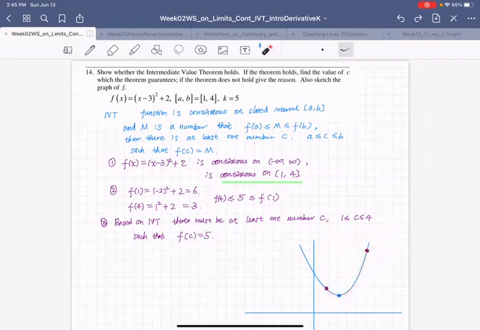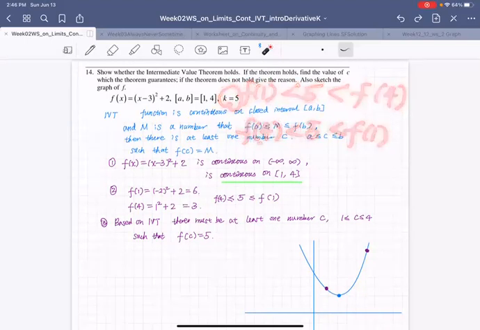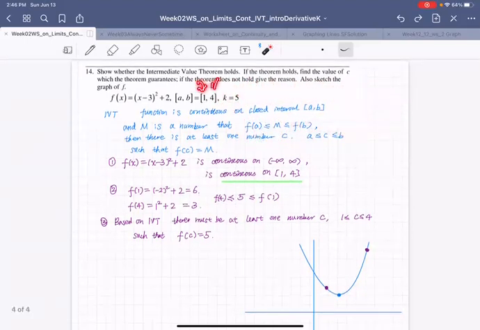So the power tool we are going to use here is called IVT. As long as you can prove that your k value here is between f(1) and f(4), that's number one.